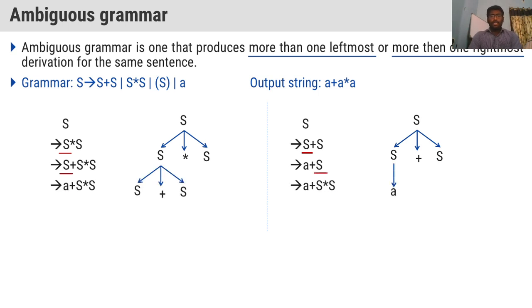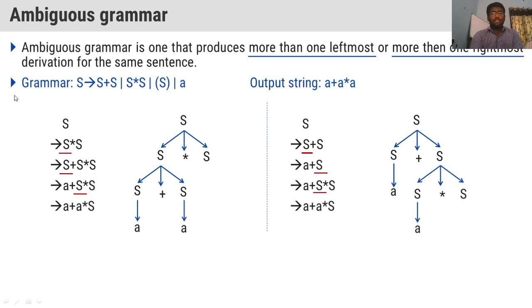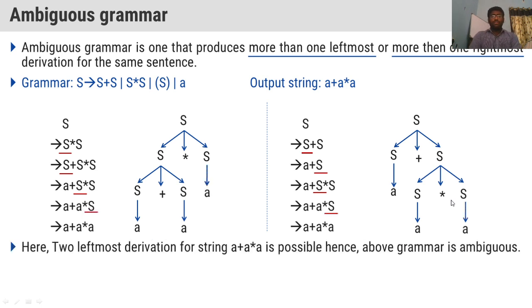You see in the first parse tree and second parse tree there is a lot of difference. The first starts with S star S, the second with S plus S, and here it is S plus S, and here it is small a followed by S star S. Everything is different. So more than one LMD is possible here. That's why there is a chance that the parser program may get confused. That is called ambiguity here, right? So this is called ambiguous grammar.